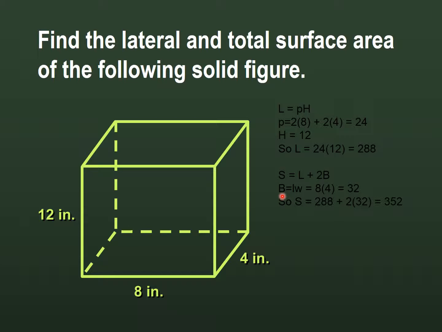So, to get the area of our base, we do length times width, or 8 times 4, okay? So 8 times 4 is 32. So our total surface area is equal to 288, that was our lateral surface area, plus 2 times B, which was 32. So 288 plus 2 times 32 equals 352 for total surface area.